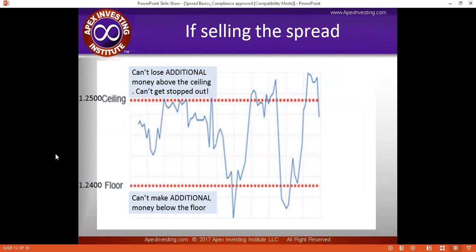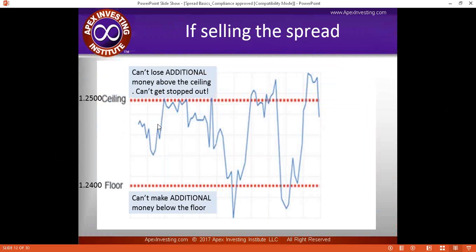Each spread has a floor and a ceiling. I can't lose additional money above the ceiling, and I can't make additional money below the floor. So the floor and the ceiling are my top and bottom here.